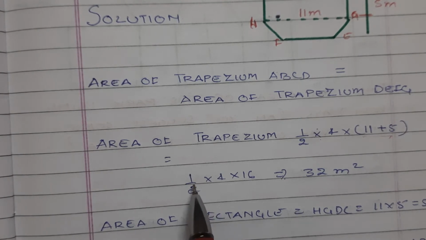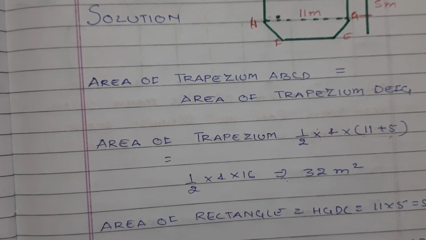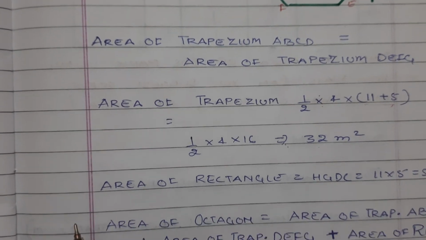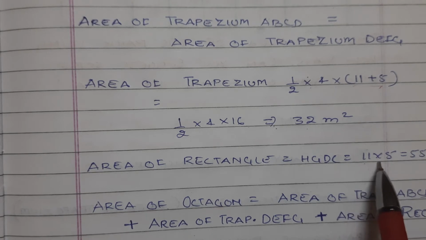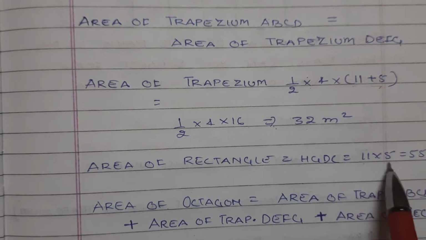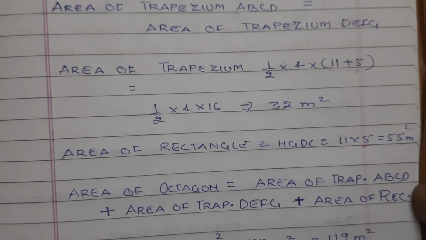Putting the values, half into 4 into 16, we get 32 meters square. Now the area of the rectangle in between will be 11 into 5, as 5 is the measure of the side given. That will be equal to 55 meters square.